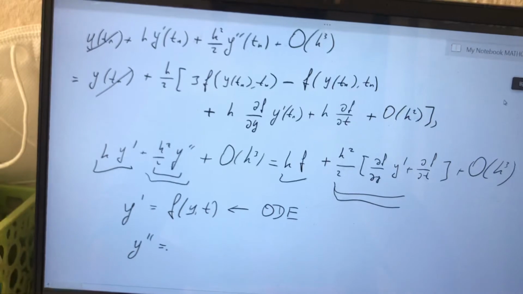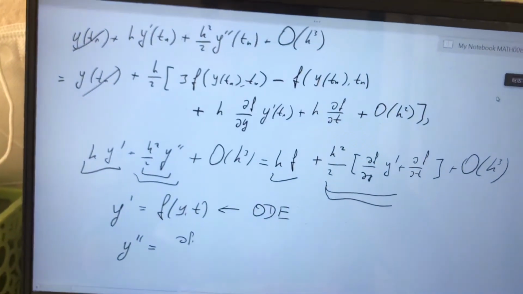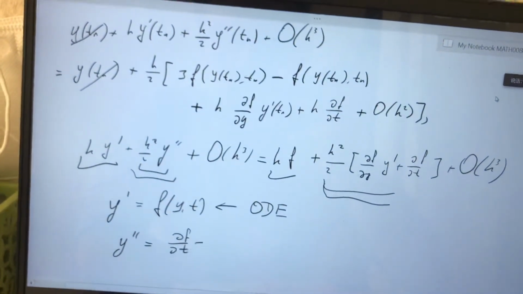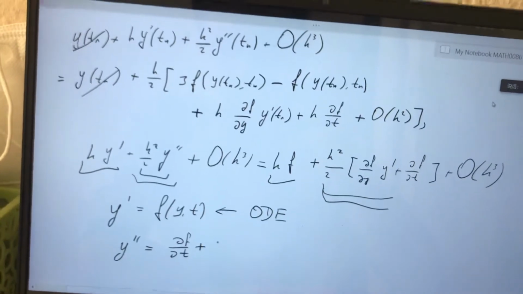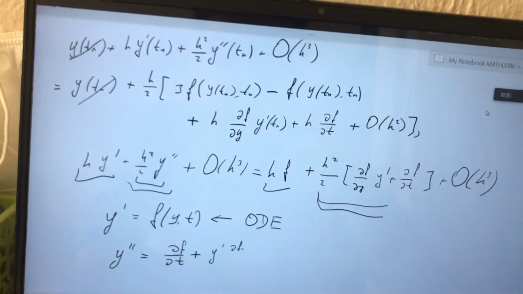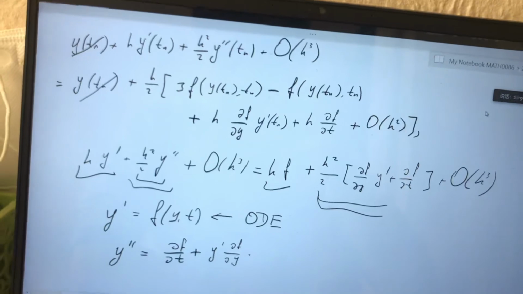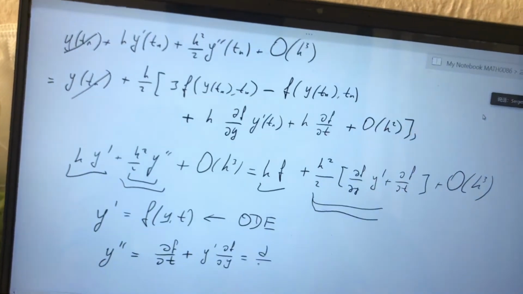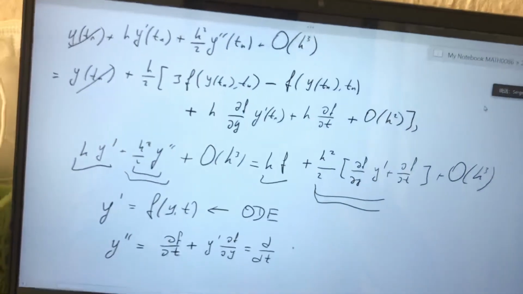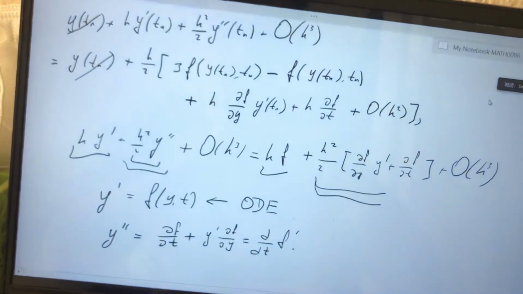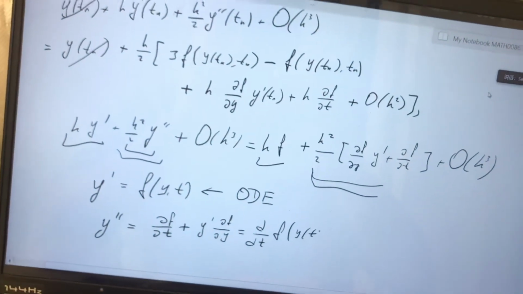And recognize the formula we've seen before. y prime df dy plus df dt. It's the full derivative d by dt of f of y of t.